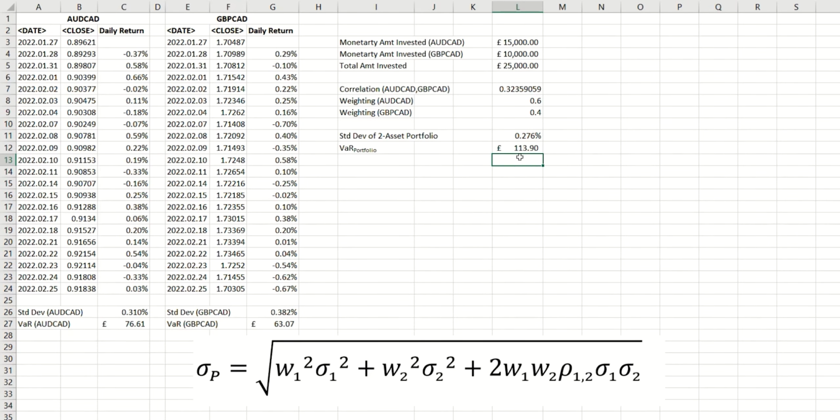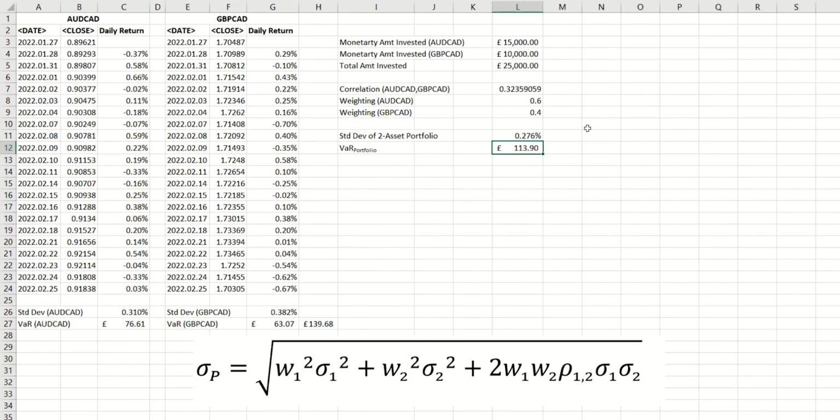And so we can see it's £113.90. And if we just compare that to the sum of the individual value at risks, if we were holding these on their own, we can see here that's 139. So in other words, the value at risk has been reduced, again, because of that diversification we've introduced.